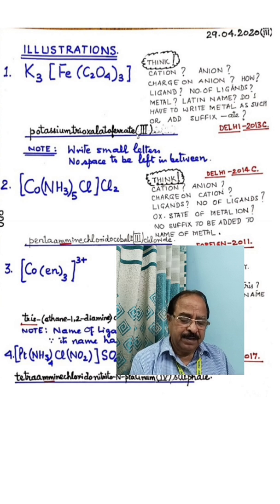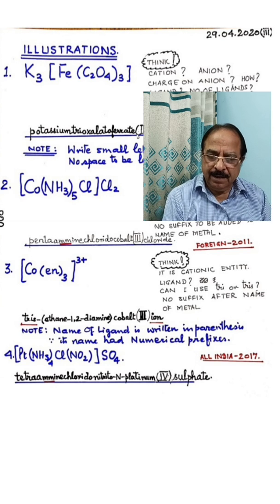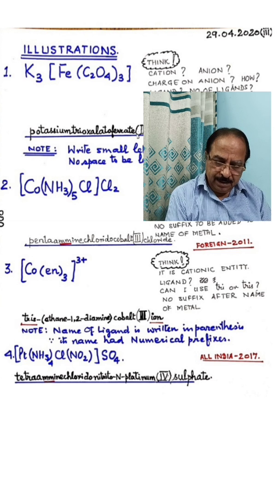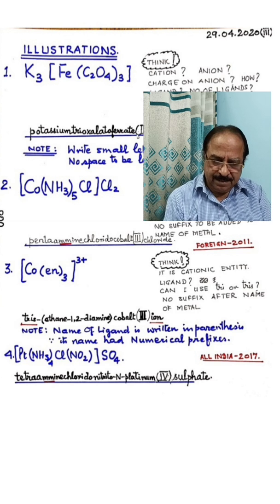This is the name. The next example, please look at this. It is a cationic entity. It is carrying a 3+ charge. So when we name it, at the end of the name we will write ion. Now if you look at this carefully, there is only one type of ligand in it.